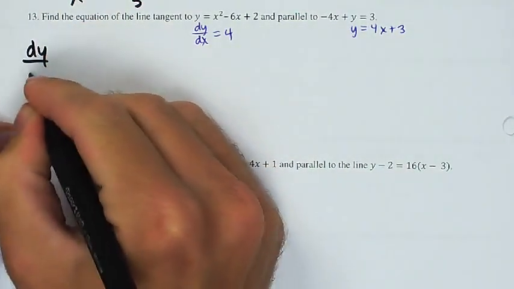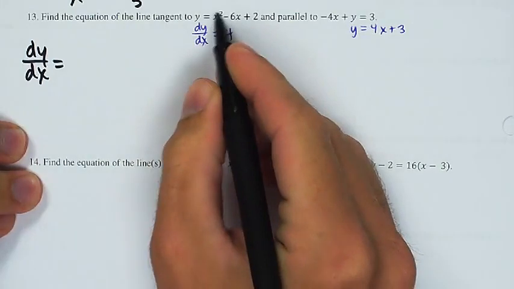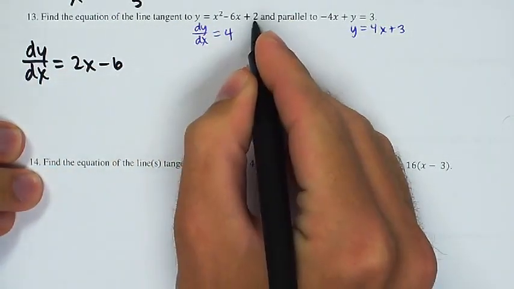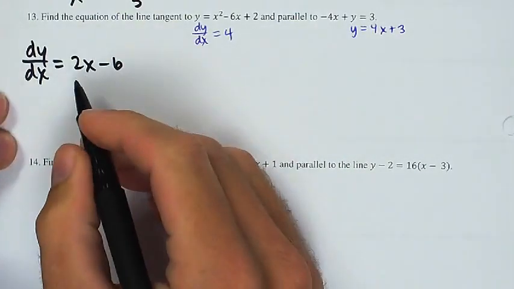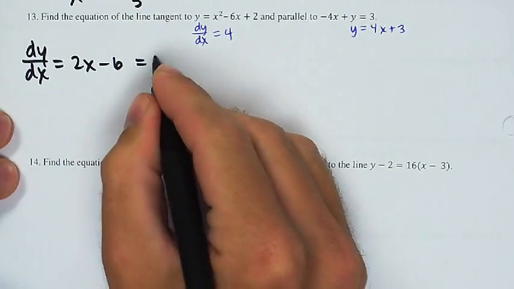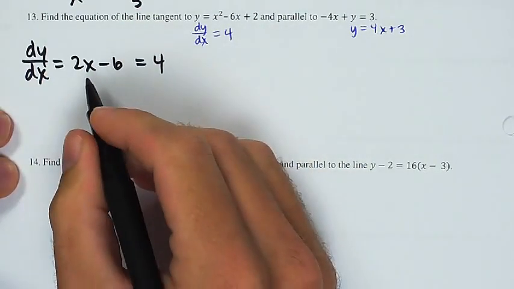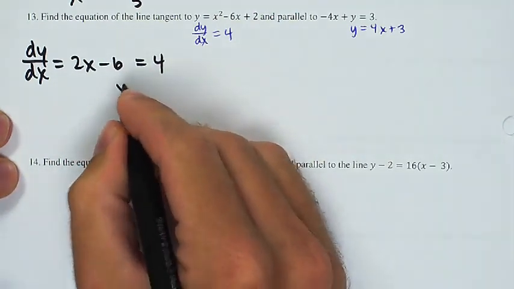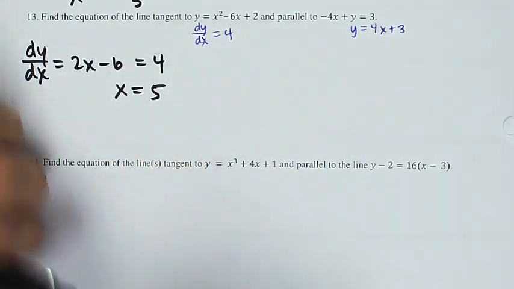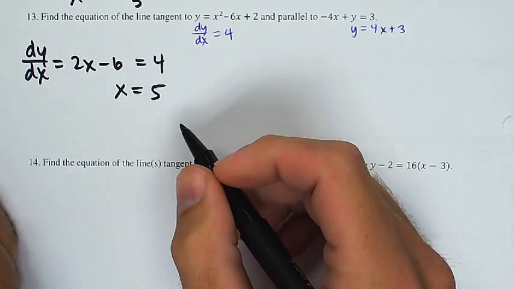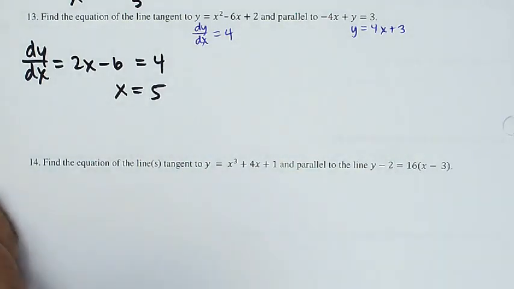So over here, I'm going to write down my formula for dy dx. It's going to be 2x minus 6 plus 0. And when is that going to equal 4 is what I'm interested in. So I'm going to add 6, and that'll be 10, divided by 2, and I'm going to get x equals 5. Now I've got the slope, but I need the point.